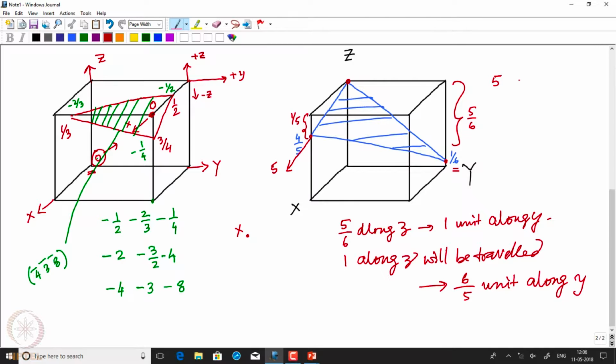So, the y intercept will be 6/5, and from this point the intercept on z is 1. So, these are the actual intercepts.